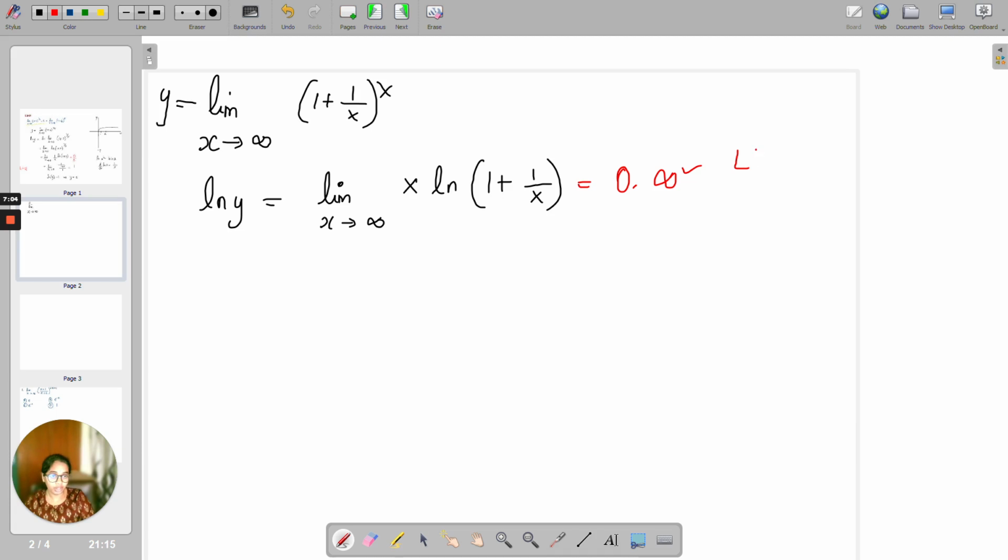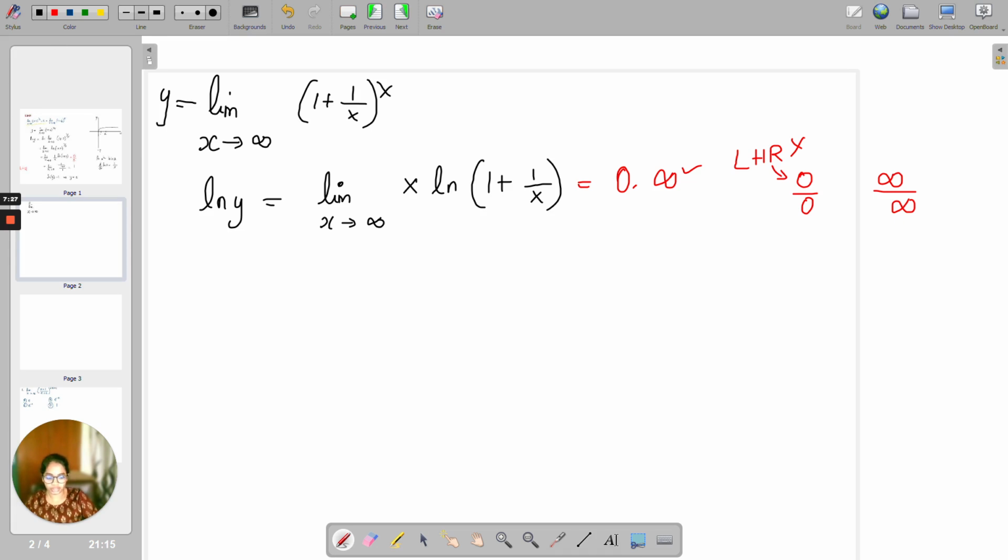Can you apply L'Hospital's rule for this? No, right? L'Hospital's rule we can apply only for 0 by 0 form or infinity by infinity form. And this is none of these. So let me first try to reduce this to 0 by 0 form or infinity by infinity form.